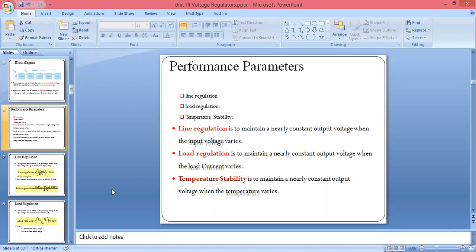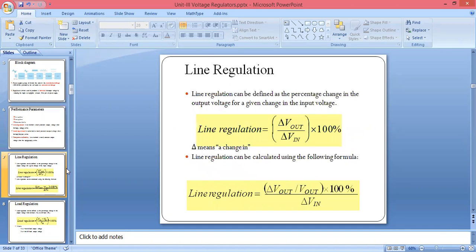If we want to measure the line regulation, it is the ratio of change in output voltage with respect to change in input voltage. By using the voltage regulator, we are maintaining the constant DC voltage irrespective of the change in input voltage.